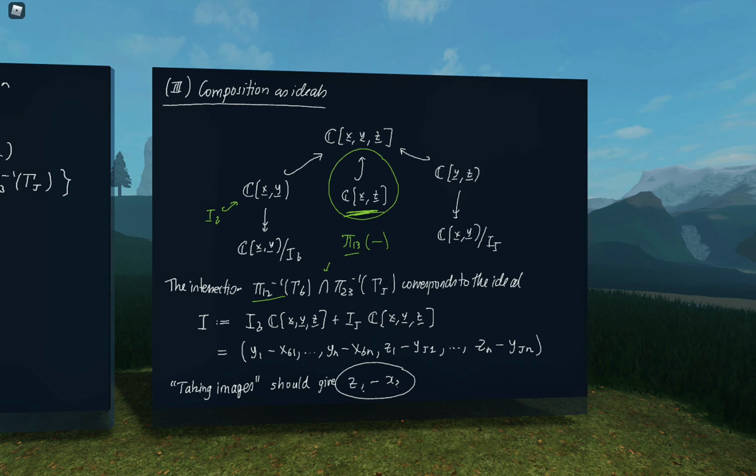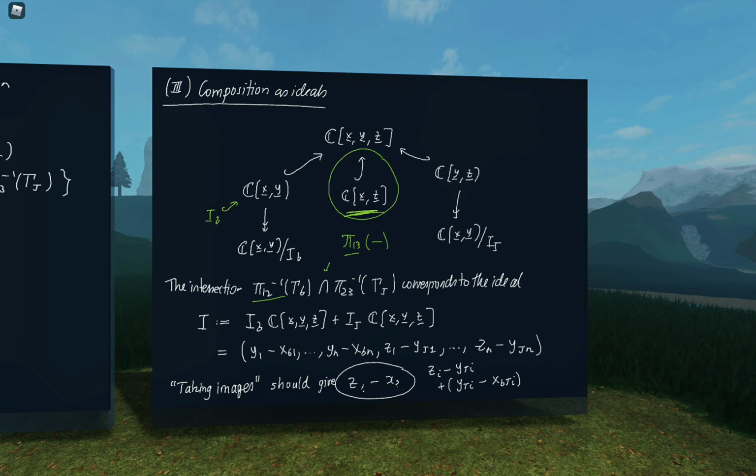So we're looking for the consequences of these relations for x and z. And of course we can work out what those are. So we have z_i minus y_tau(i), and we also have the relation y_tau(i) minus x_sigma(tau(i)).